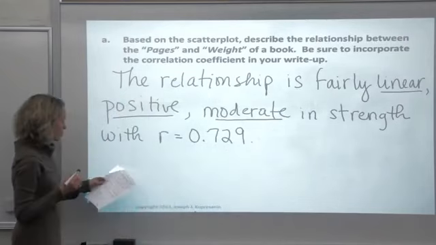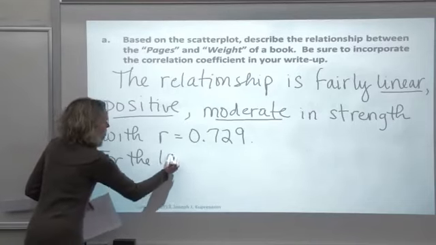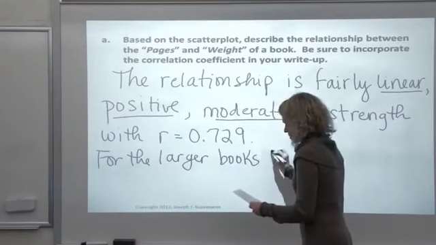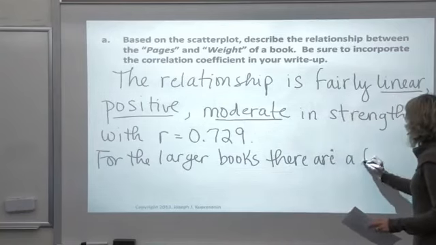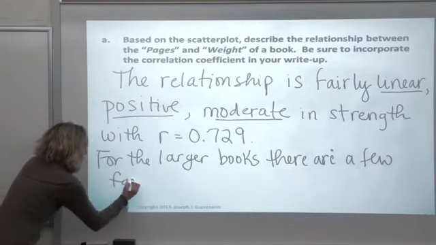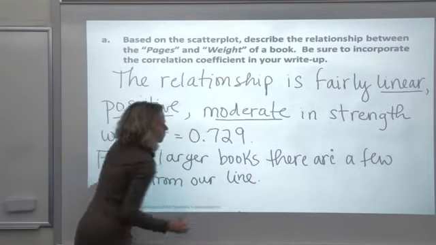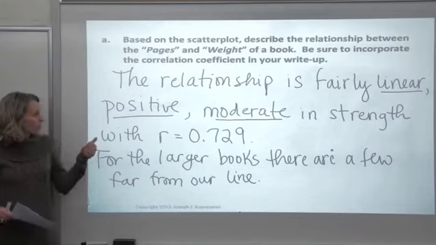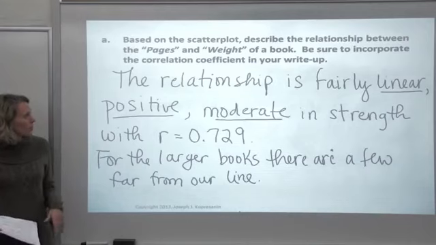And there perhaps were a few outliers, especially for those larger books. Far from our line. Those books that are far from the line will end up having large residual values. So fairly linear, positive, moderate in strength, and maybe a few books that were a bit away from our line.